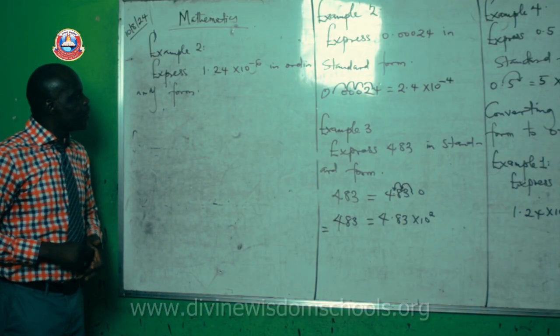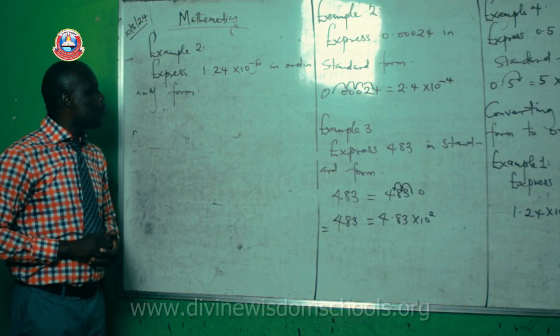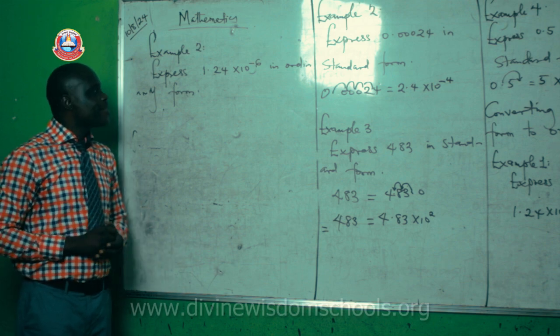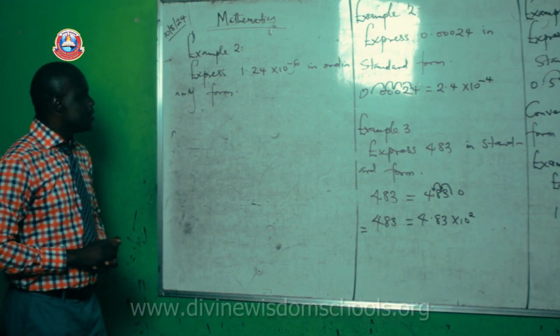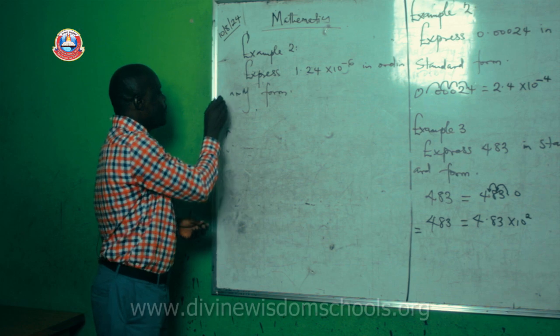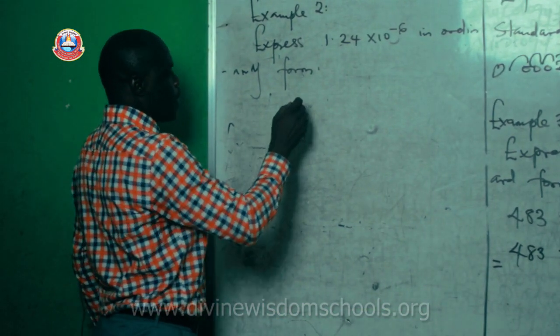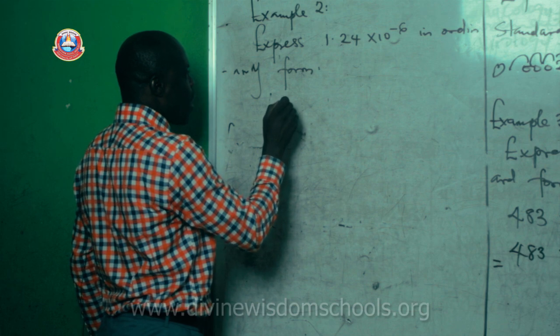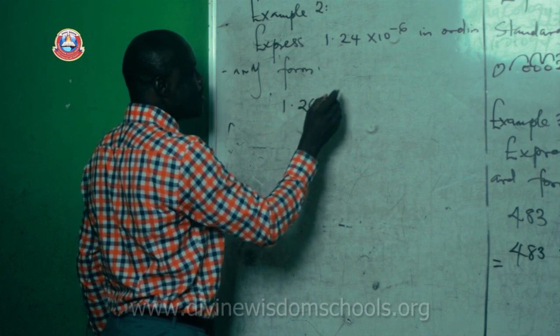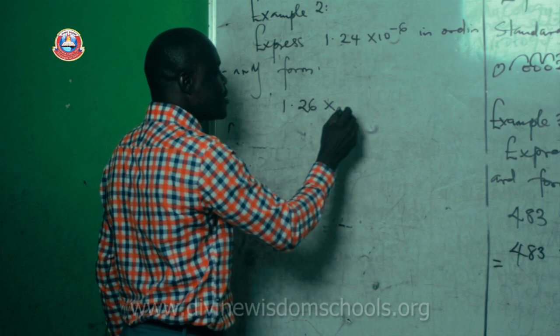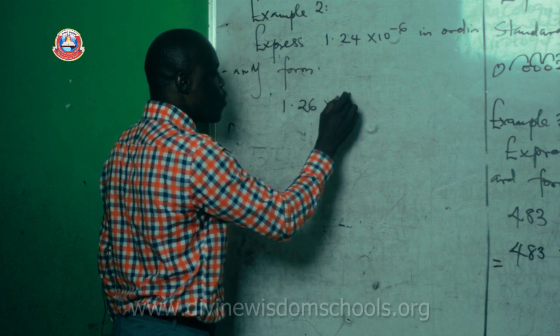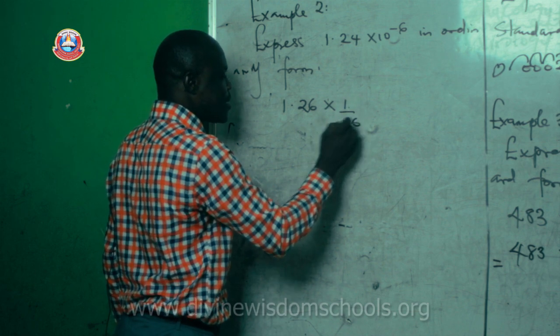Express 1.26 times 10 raised to power minus 6 in ordinary form. What you do here is to write 1.26 times 10 raised to power minus 6 as 1.26 times 1 over 10 raised to power 6.